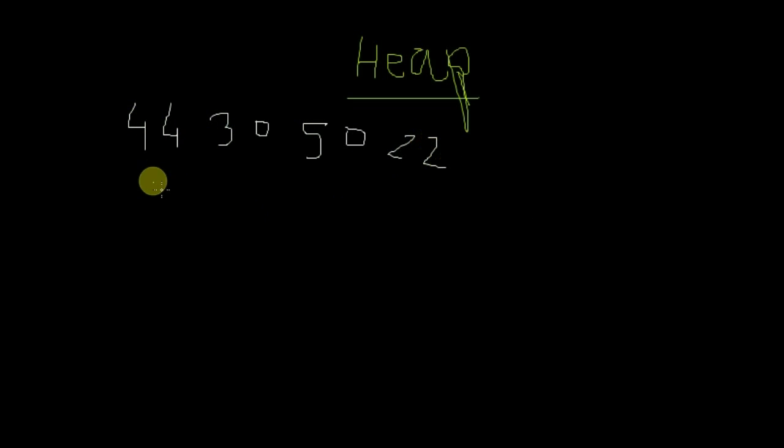Suppose these are my numbers, and if I want to construct a complete binary tree, it would happen like this: 44 here, then 30, then 50, then 22 here, and like this.